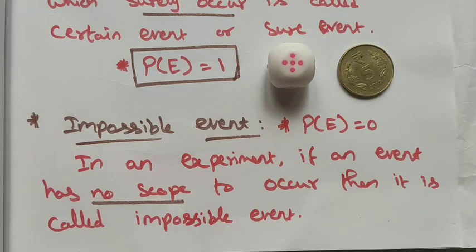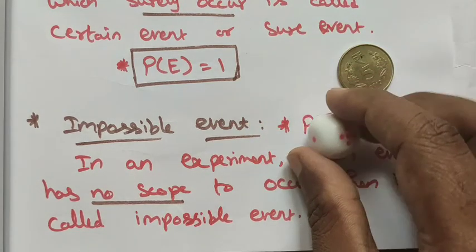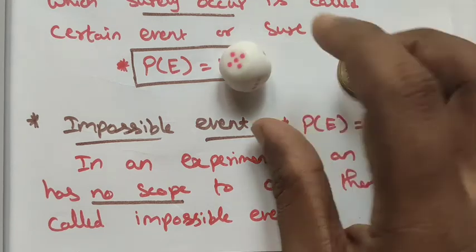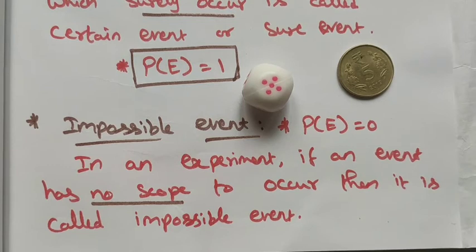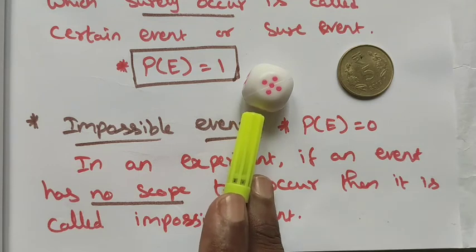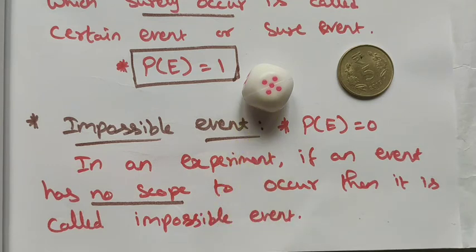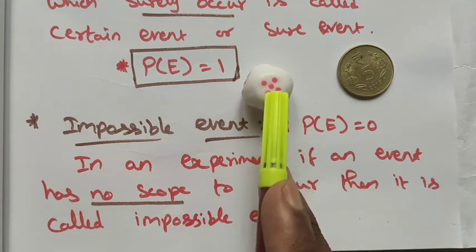For example, in a die we know that the numbers are 1 to 6. Getting the number 7 in a dice is an impossible event, since the numbers on the dice are 1 to 6 only.